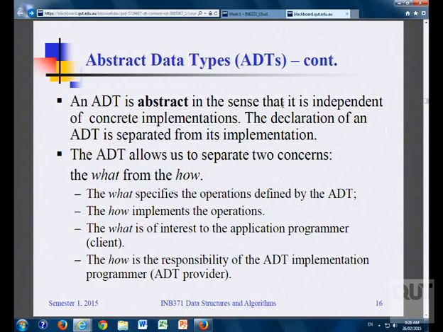So the key point is abstract. Abstract is in the sense that the implementation is separated from the specification. So we know there is a data type available, for example, the integer data type available in C++.